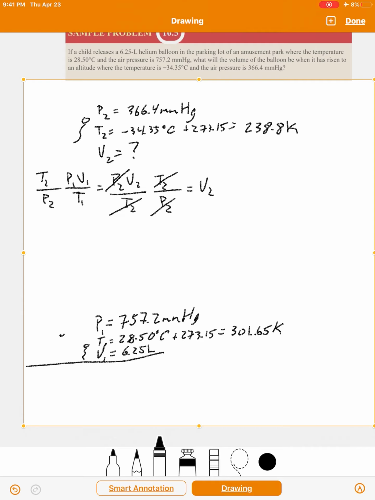Okay, so now let's put the numbers in. T2 is up here, so that's 238.8. P2 is up here. That's 366.4. P1 is down here. That's 757.2.